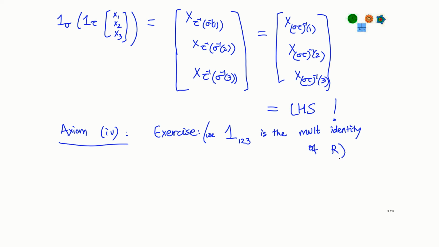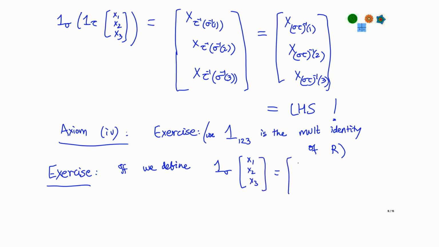The key point is that this inverse is the little twist that is required to make it work out right. And a little exercise again: if you didn't put an inverse there, if we define the action as follows, 1 sub sigma acting on x1, x2, x3 to be the same formula without inverses, x sub sigma 1, x sub sigma 2 and x sub sigma 3, then what happens?